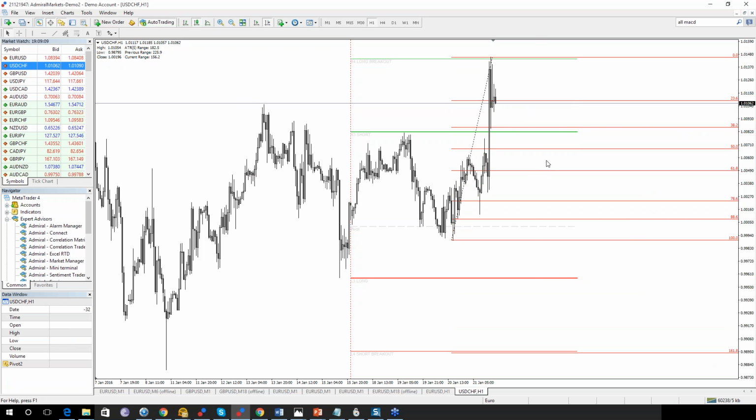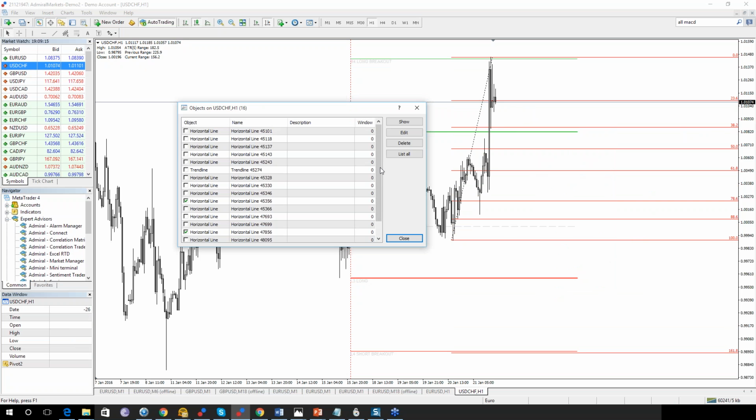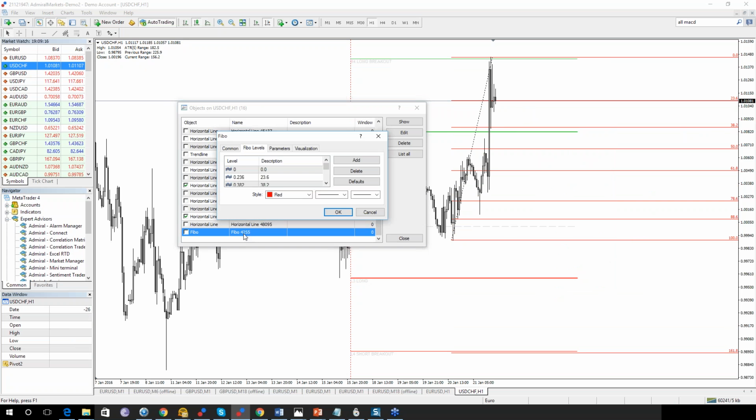Now, what do we do now? Go to objects list, then find the Fibo here, and you see those are numbers, level and description. In the level field, you should add like this, add, and type 0.786 and here 78.6. Same for 88.6.